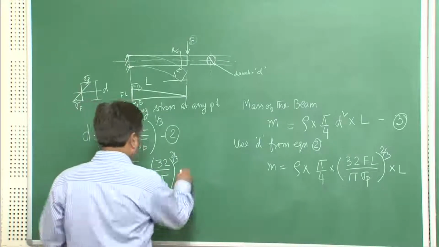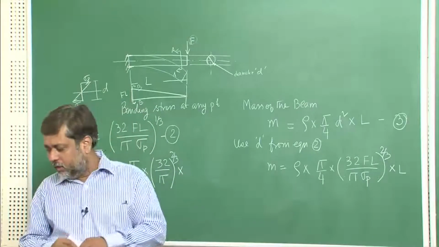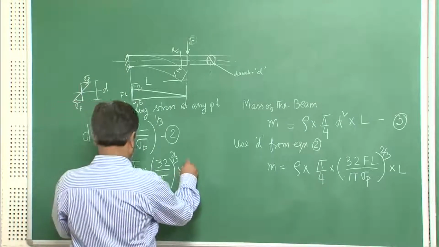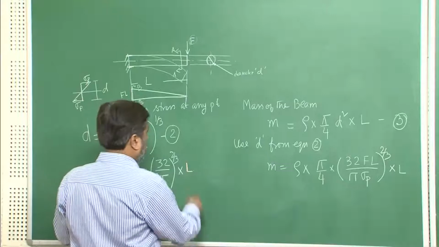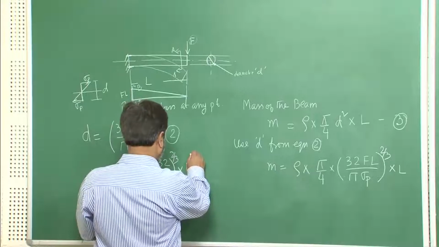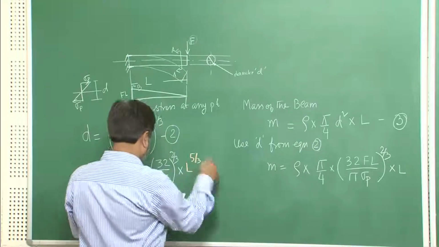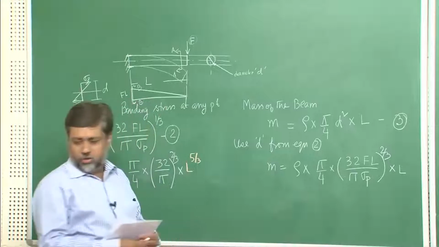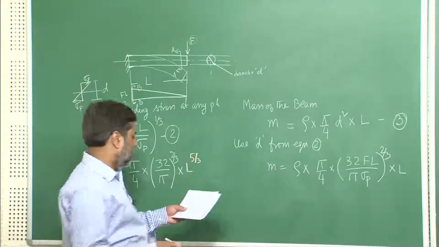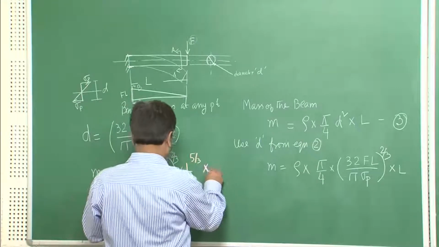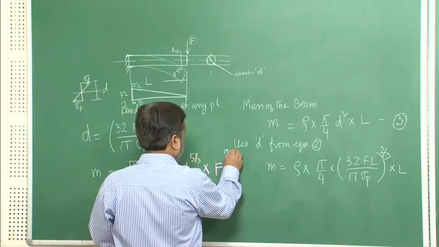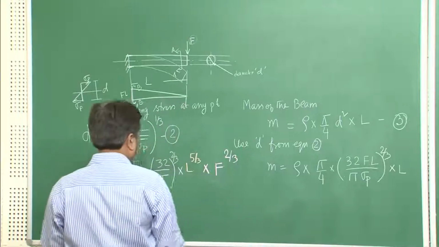This is one part, multiplied by the other part, L to the power 2/3 plus 1, so L to the power 5/3, and then another part, the functional part of the system, F to the power 2/3.